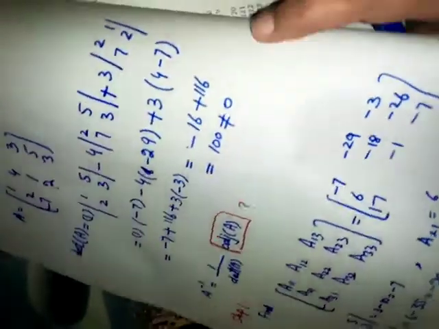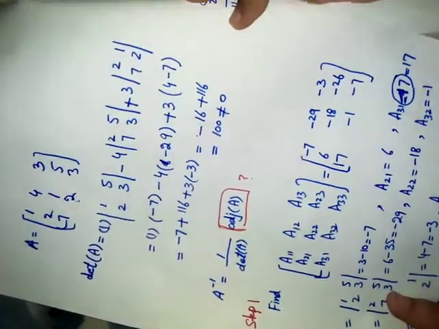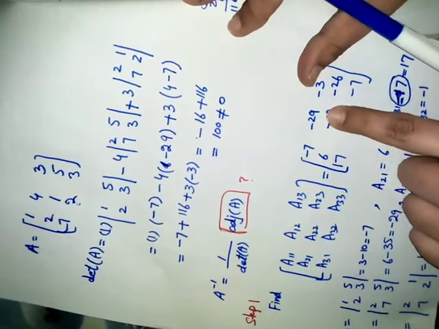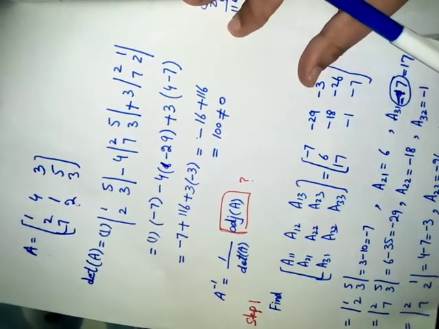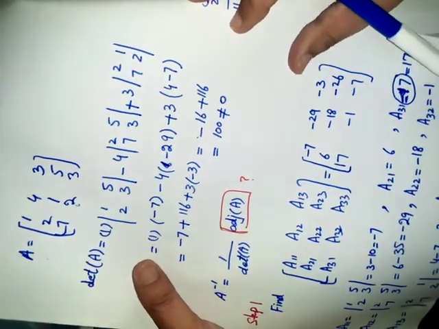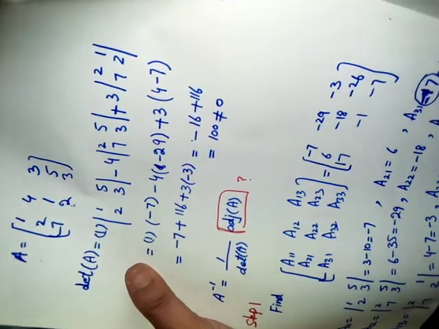What was the matrix which we evaluated? It is minus 7, minus 29, minus 3, 6, minus 18, minus 26.